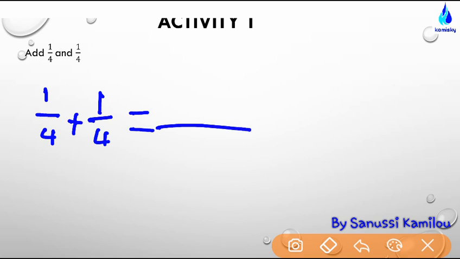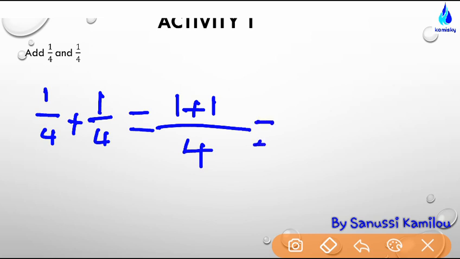So the step number 2, add the top numbers. We should add the top numbers. So I'm adding them. 1 plus 1, put that answer over the denominator. So the denominator, they say we should keep it, since they are the same.